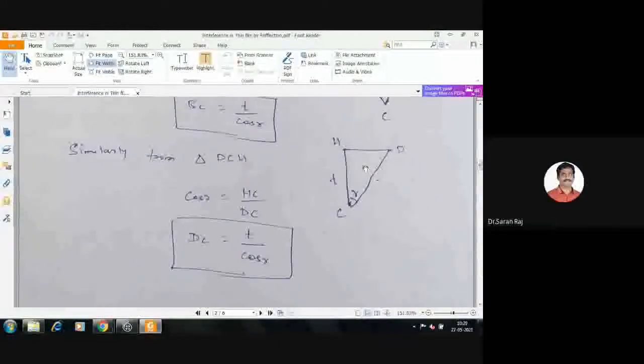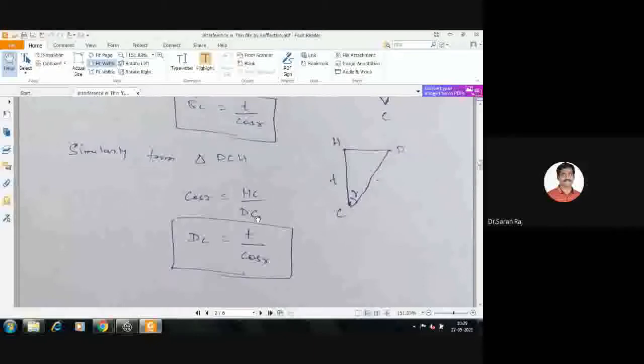The adjacent side is HC, so HC divided by hypotenuse DC. The HC value you know is the thickness T. So cos R equals T divided by DC. I want only the DC value, or CD value.